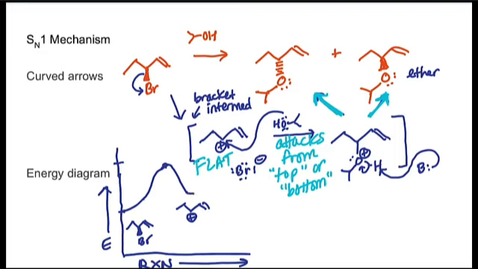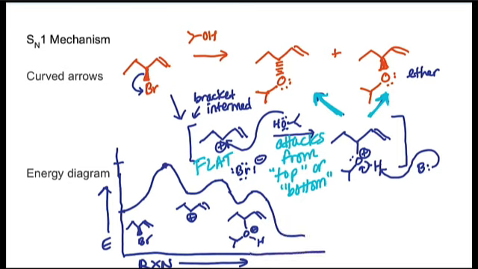And after that carbocation intermediate forms, the reaction proceeds to increase in energy. Again, we do form a second intermediate, and that intermediate is a little bit lower in energy. And then the conjugate base has to approach and react to deprotonate that alcohol to give rise to the final product, which has some sort of energy associated with it.